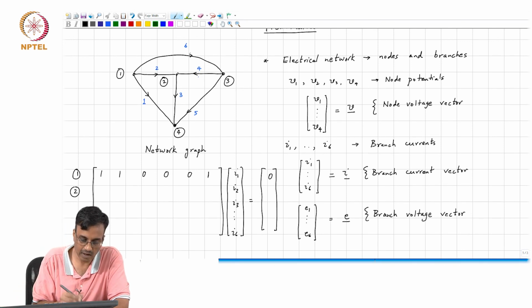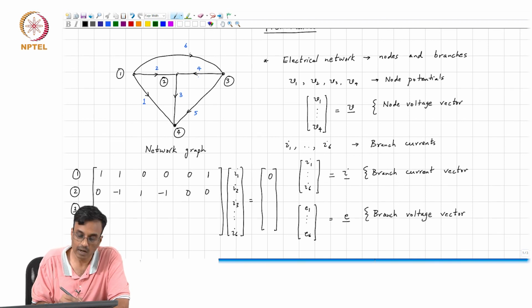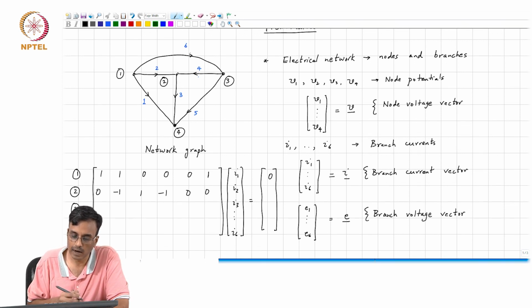We do this at the second node, and we will see that the row is minus 1, 0, plus 1, minus 1, 0, 0. And similarly, at node 3, we see that 4 is plus 1, 5 is plus 1 and 6 is minus 1.